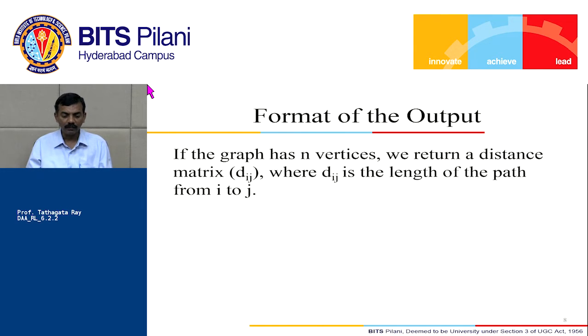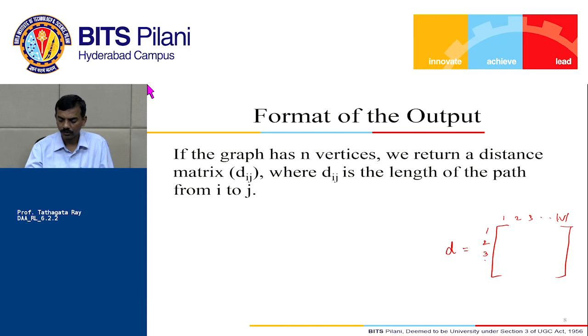If the graph has n vertices, what we will return is a distance matrix called D, where Dij is the length of the path from i to j. Again, the matrix is called D, the distance matrix. The rows are the number of vertices you have, and the columns are the same number.